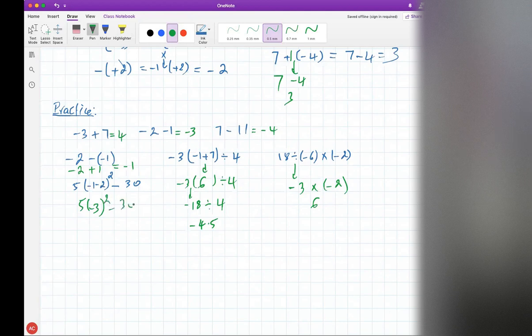And then of course you do your exponent. -3 times -3 equals +9. That's right. The exponent will be +9. Then you bring down the times 5, so 5 times 9, which is 45. And then it's 15.